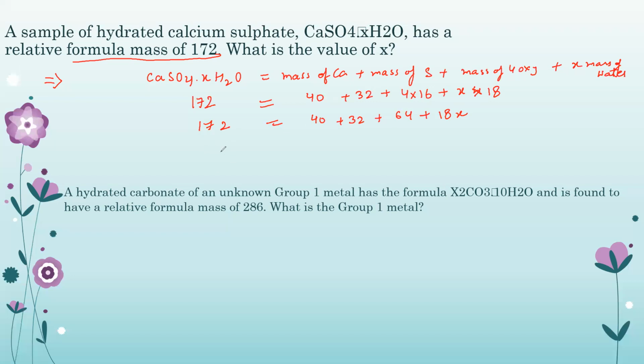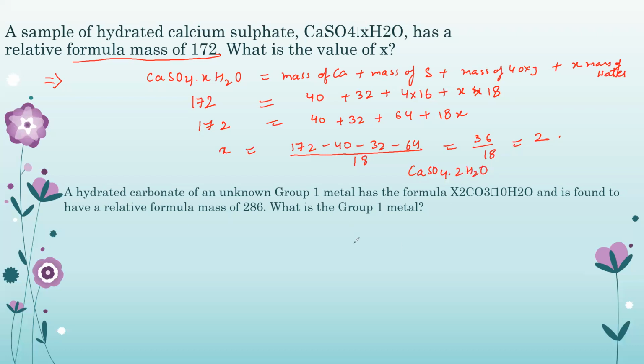So x would be equal to 172 minus 40 minus 32 minus 64, divided by 18, which is 36 by 18, so x equals 2. So the formula comes out to be CaSO4.2H2O.